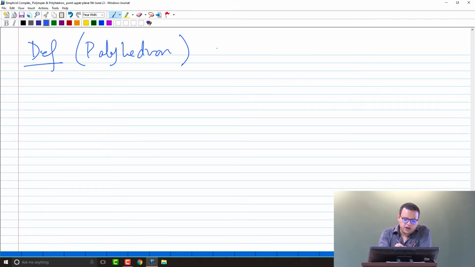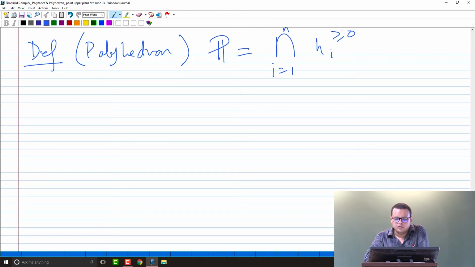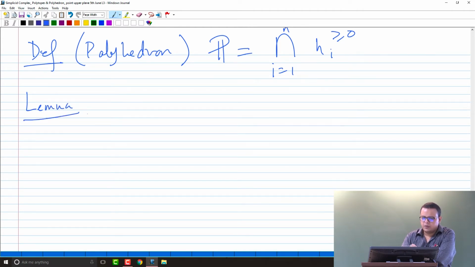So, basically a polyhedron P will be the intersection over i equal to 1 to n of H i greater than or equal to 0 for some H i's. This is a polyhedron. Something you can again show is that a bounded polyhedron is basically a polytope.